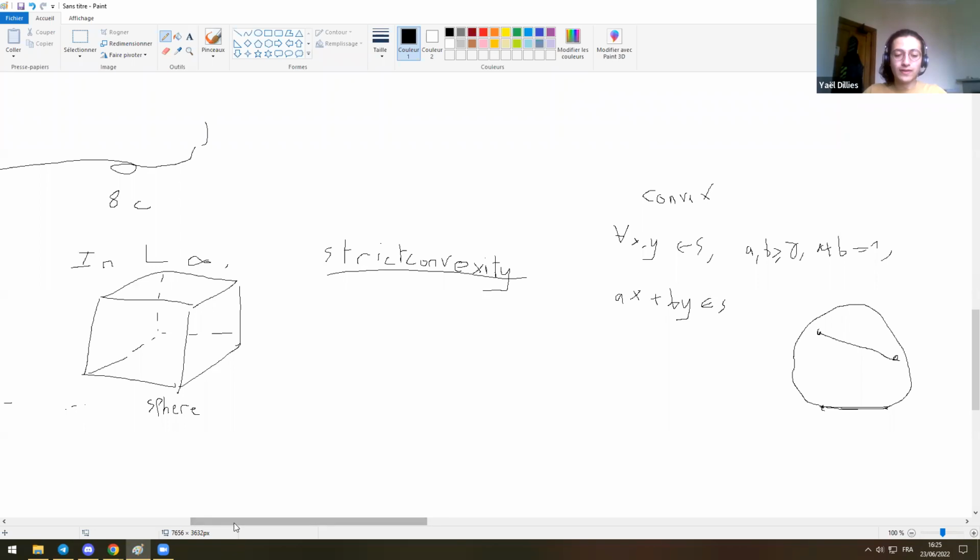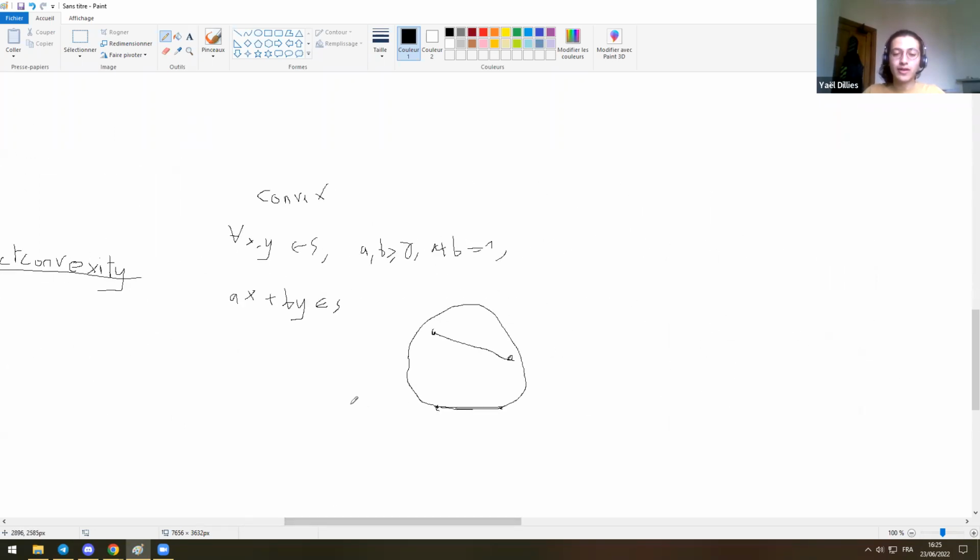So yeah, convexity is: the segment lies in the set if the endpoints lie in it, and strict convexity is basically the same, except that instead of taking non-negative coefficients, you will take positive ones.